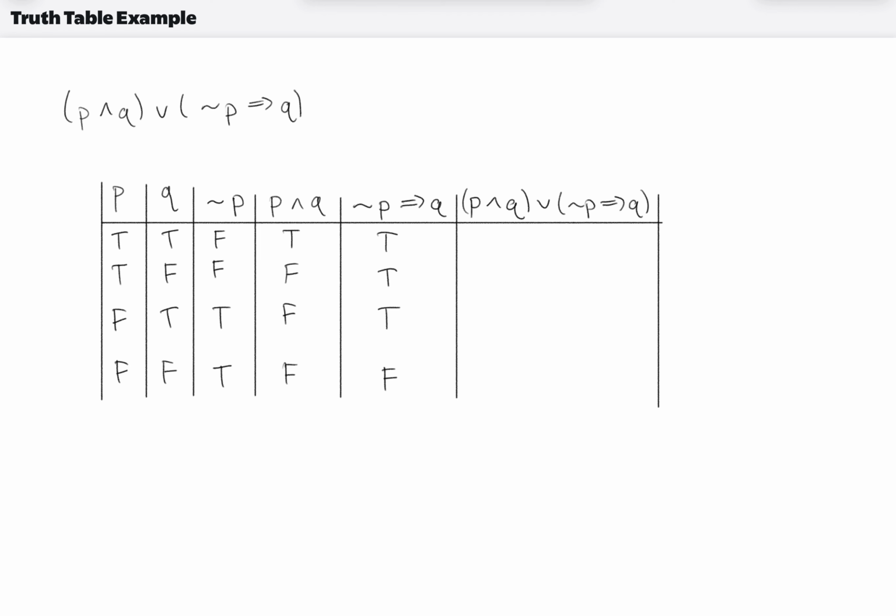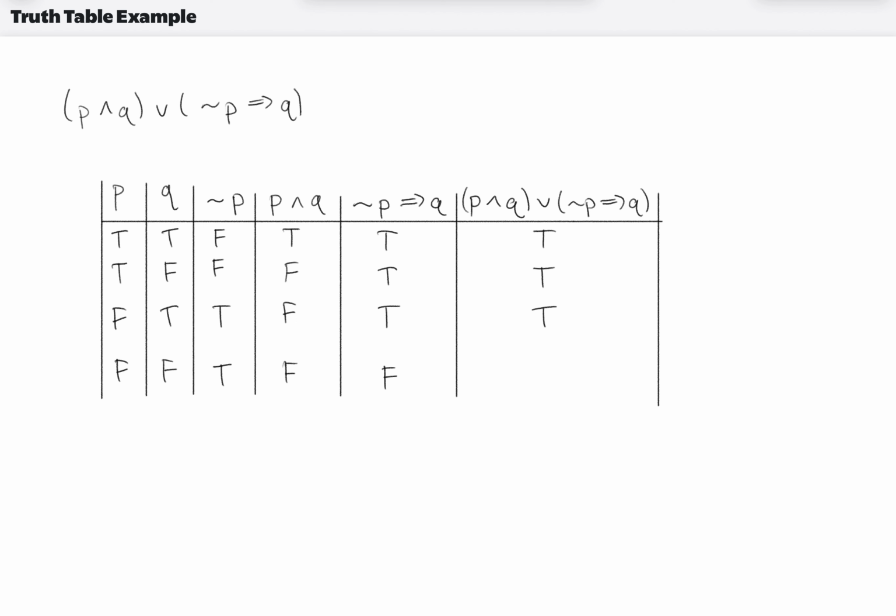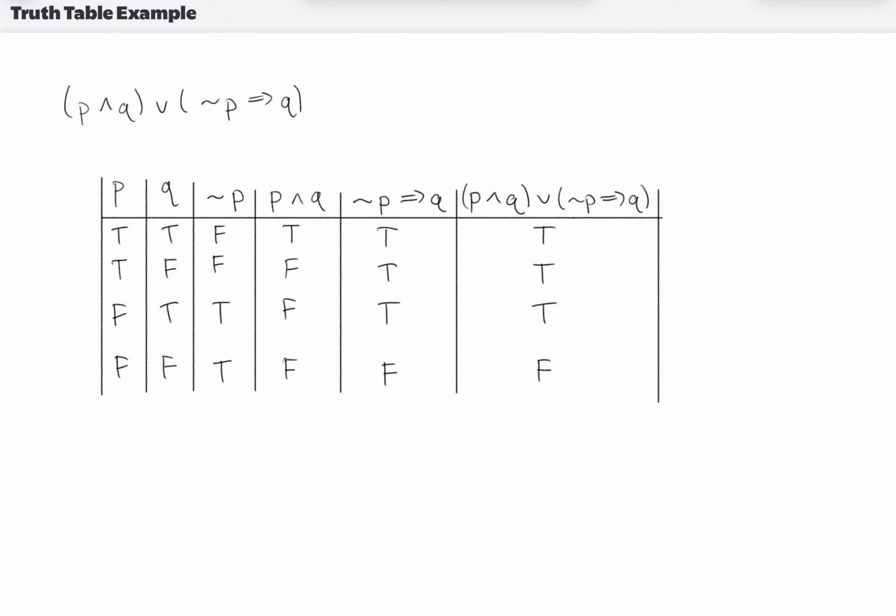The truth value is going to be true whenever at least one of the truth values of either statement is true. Since they're both true, it's true. Since one of them's true, it's true. Again, same here. And here we see both are false. Hence we have a false truth value for this row, sorry, and column. So I guess, yeah, that's the truth table.